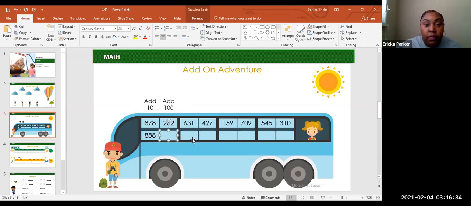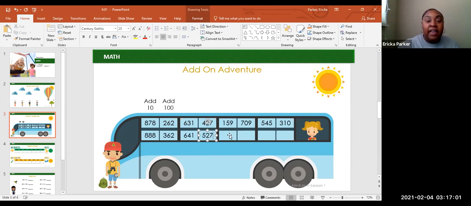So now what do we have? If we add 100 to 262, we get 362. If we add a 10 to 631, then what do we have now? 641. If we add 100 to 427, then what do we have?